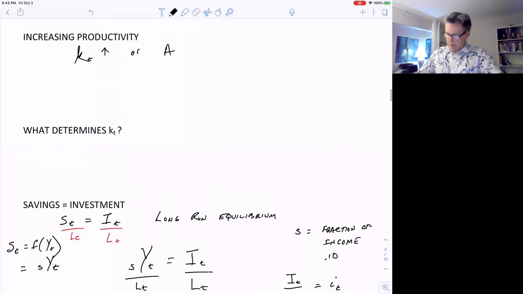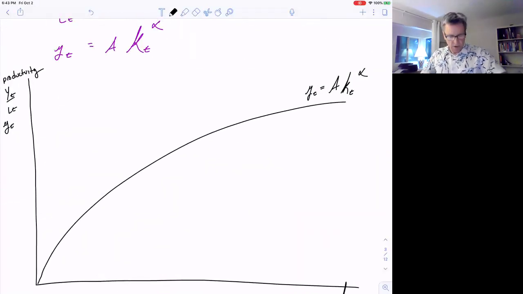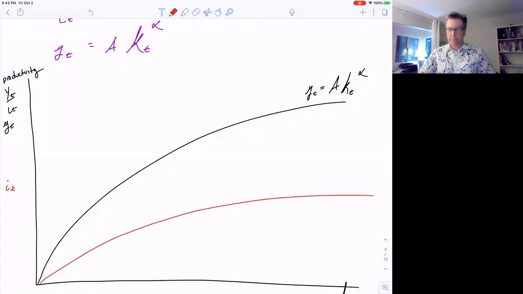So let me go back up on this graph and draw the investment per worker. I'll draw that in red here. Little i sub t is just some fraction of income per worker. So some fraction of this black line that's on there. So we can draw it as something like that.